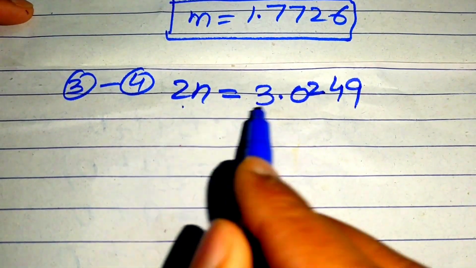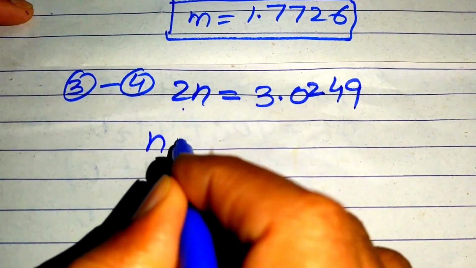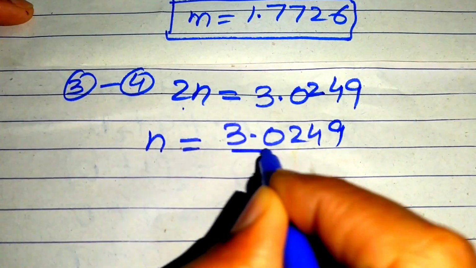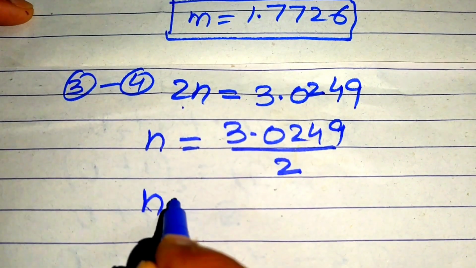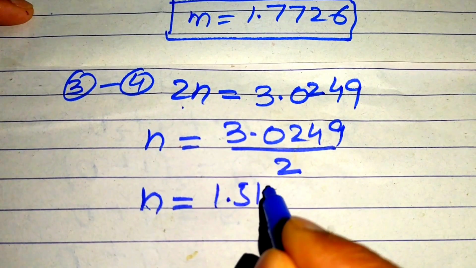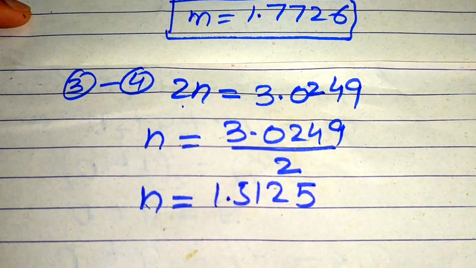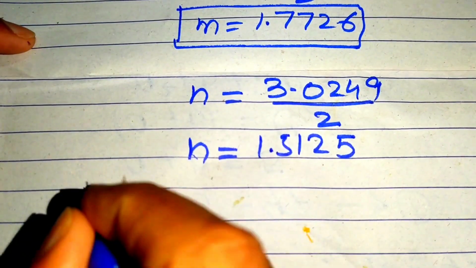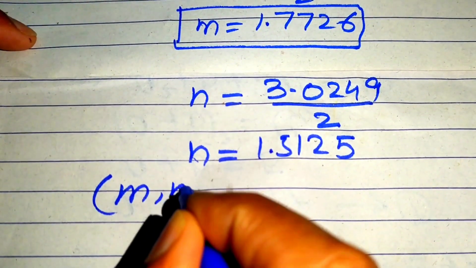So n equals 3.0249 divided by 2, and when you divide these two terms, you get the value of n is 1.5125.